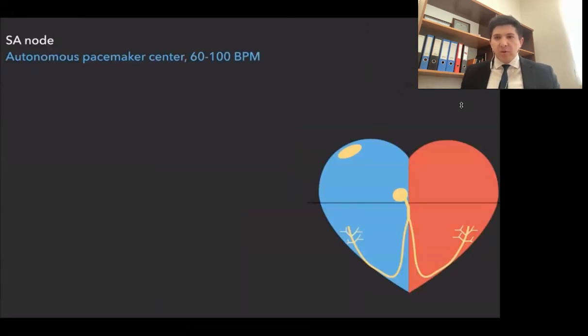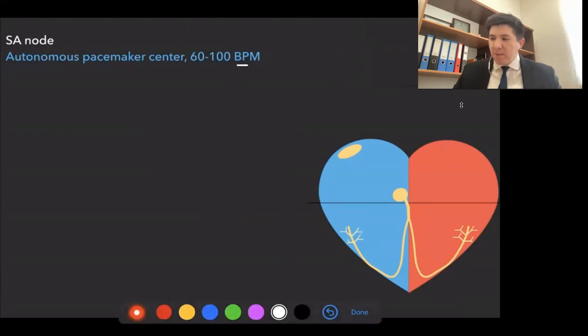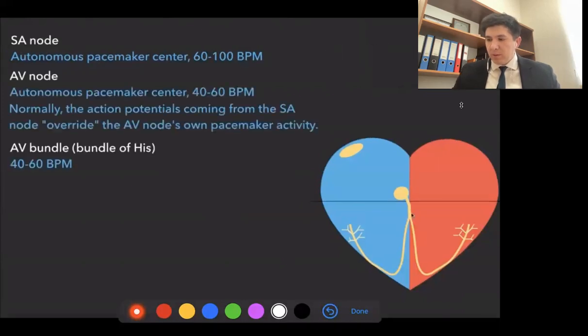The SA node is the main pacemaker. It is going to create strong beats very frequently, 60 to 100 beats per minute, BPM.